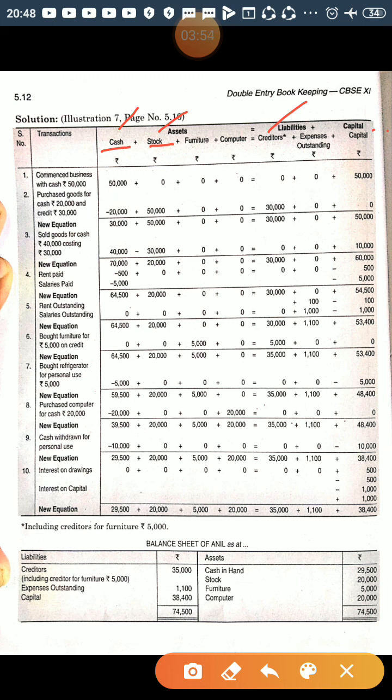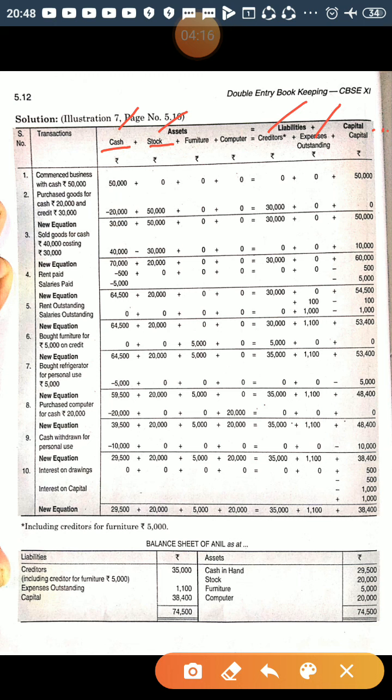Now next is rent outstanding and salary outstanding. Two accounts are involved: rent as an expense and rent outstanding as a liability. So a new liability you will write, outstanding expenses, and rent will be adjusted from capital.